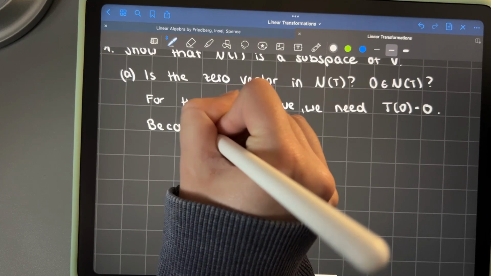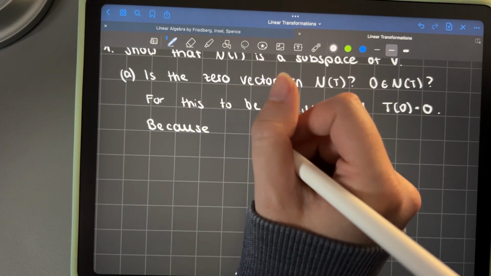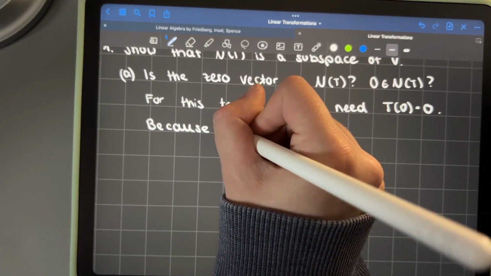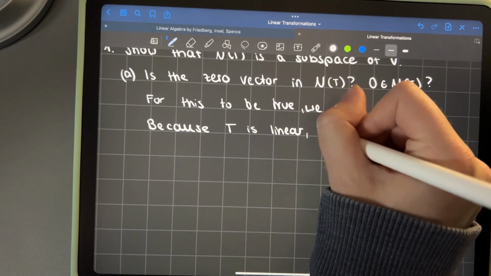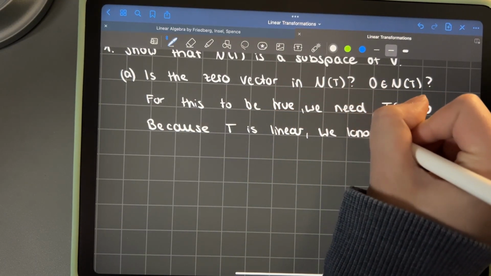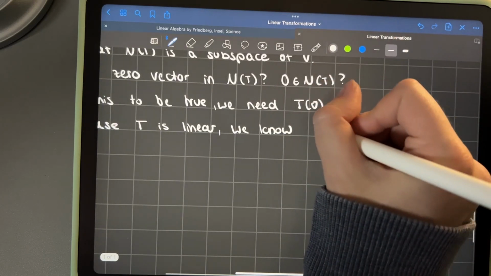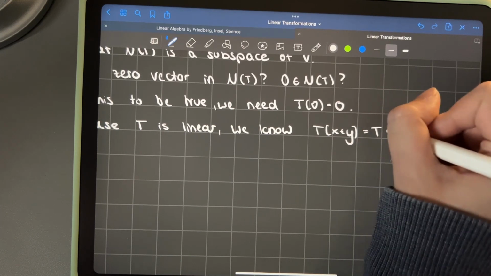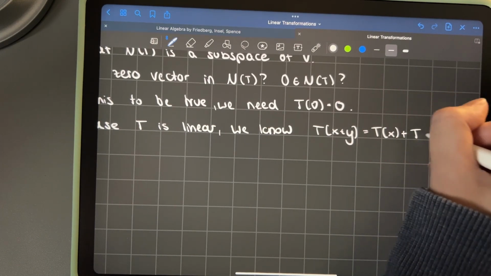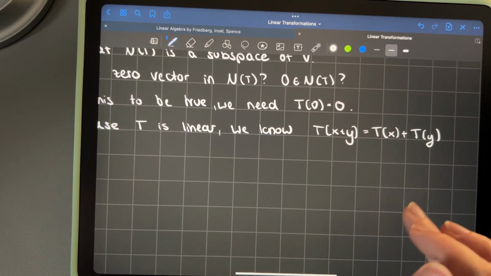Now, because T is linear, T of x plus y is T of x plus T of y, right?